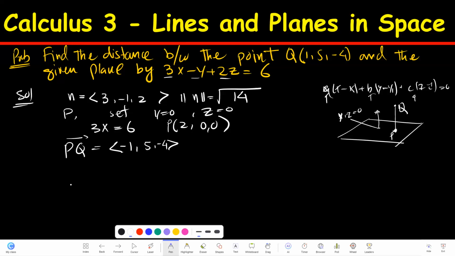And now nothing but the distance. The formula was this: I need the magnitude of PQ dot n divided by the magnitude of n, which is 14. So I'm multiplying the two vectors, PQ and n. Taking this vector and PQ, it's going to be minus 3, minus 5, and minus 8, so it's going to be minus 16.